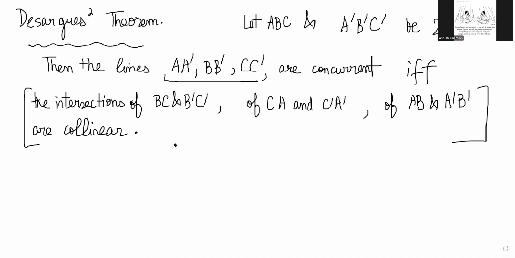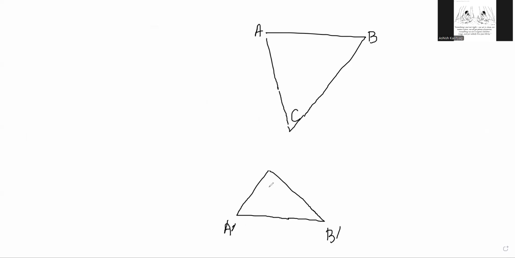Yes, sir. So, okay, so now we will draw a rough diagram. There are two triangles in the plane. Let's say this is ABC. And there is another triangle here, let's say A dash, B dash, C dash.